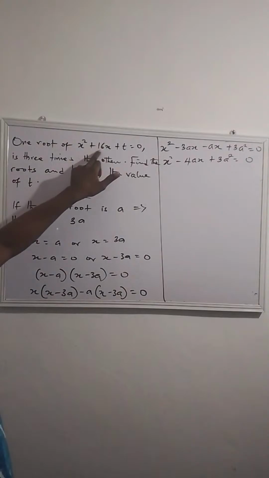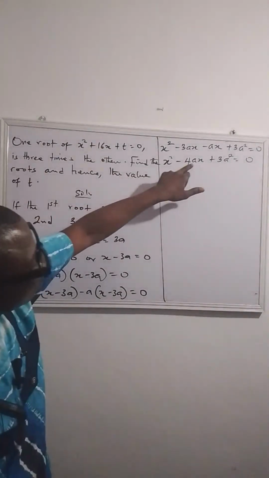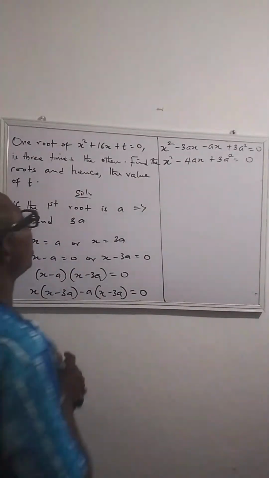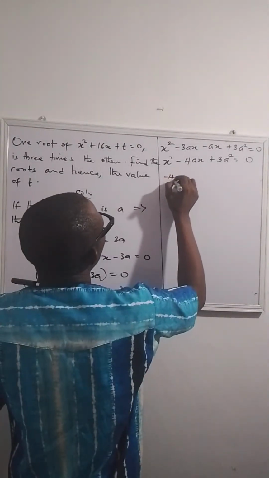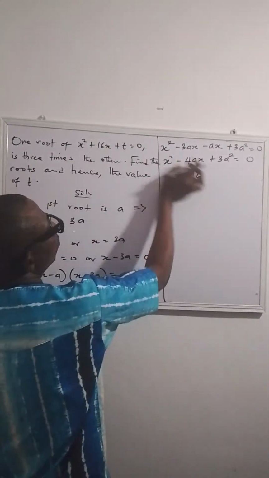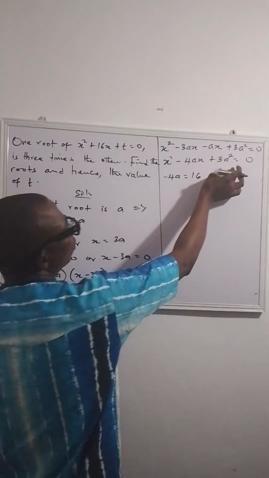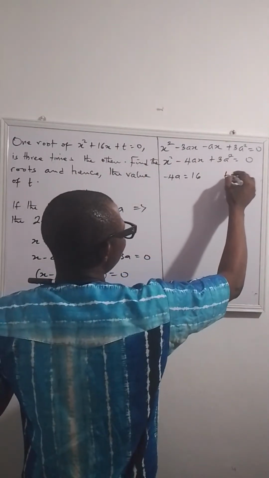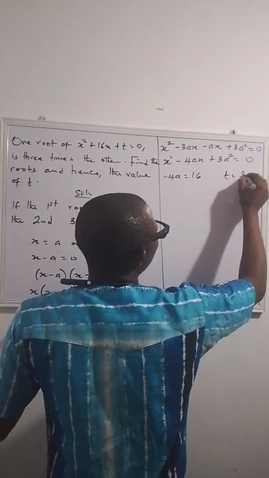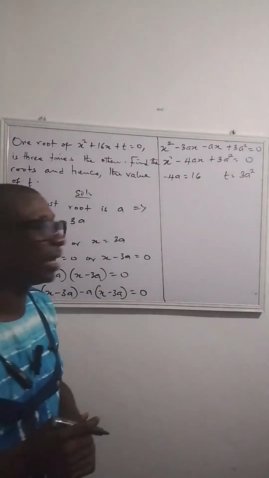Now the coefficient of x here is 16, so what we have here too must also be 16. So we have minus 4a equals to 16. So we just compare the coefficients. And what we have here that is independent of x should also be equal to this. We have t equals to 3a squared. Okay, hope you get that now.